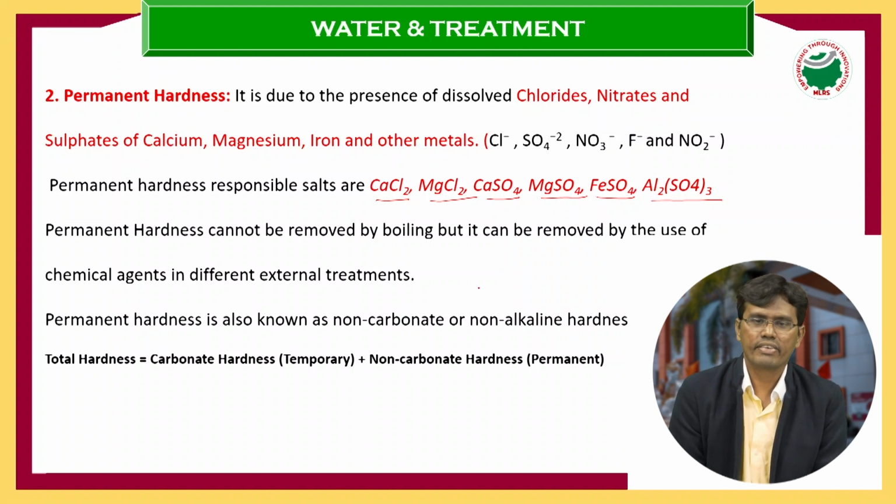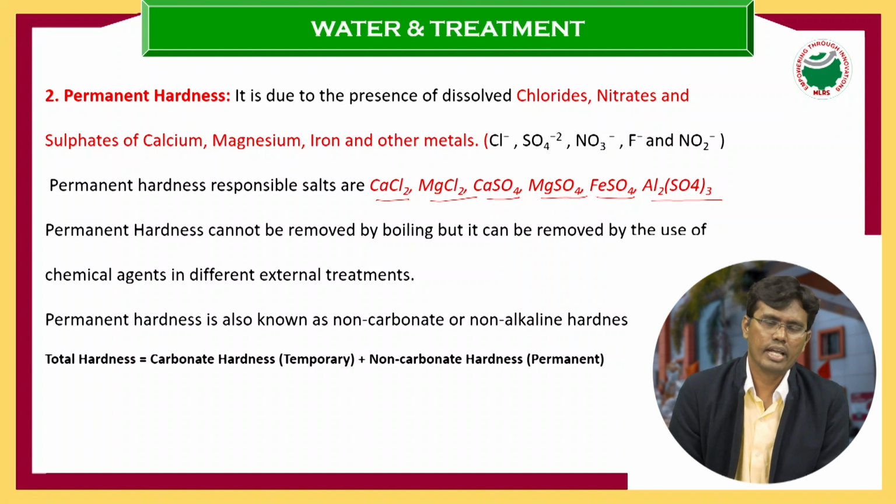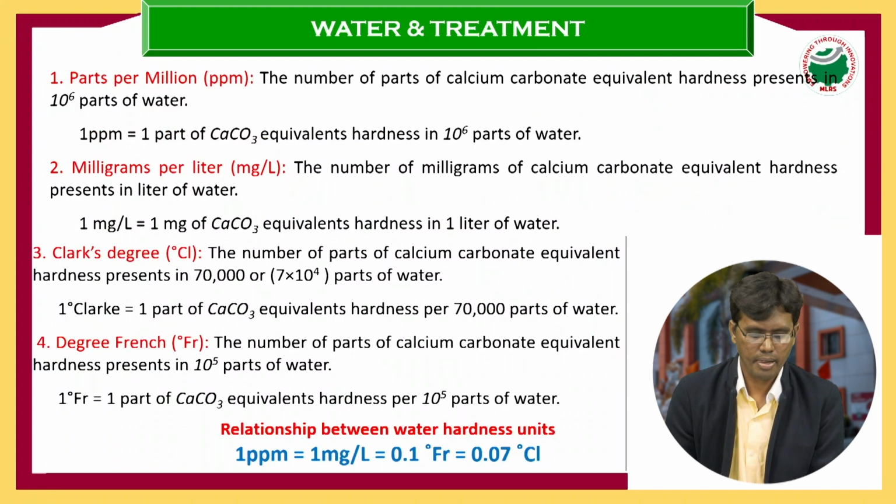There are different methods to remove permanent hardness, maybe internal treatments or external treatments. Now, total hardness: how to calculate it? Temporary hardness plus permanent hardness is called total hardness.